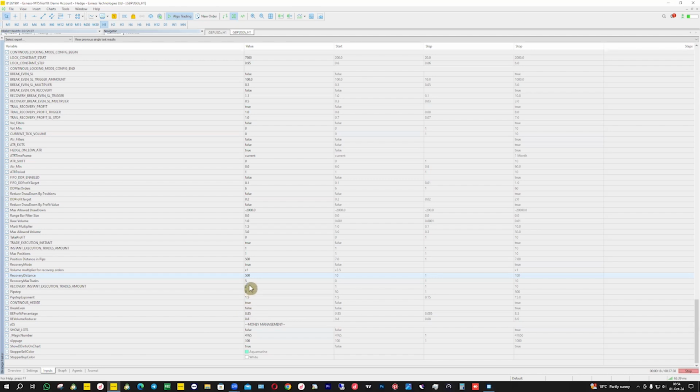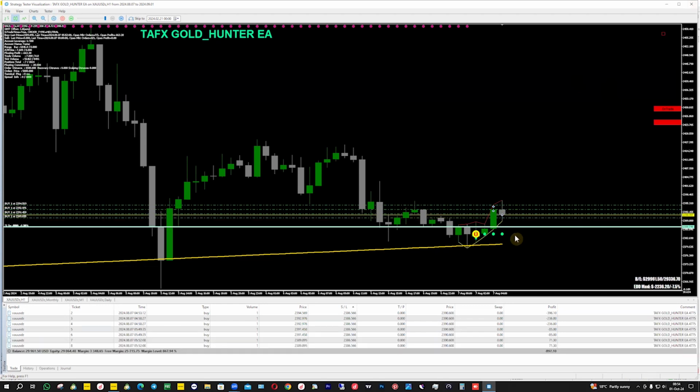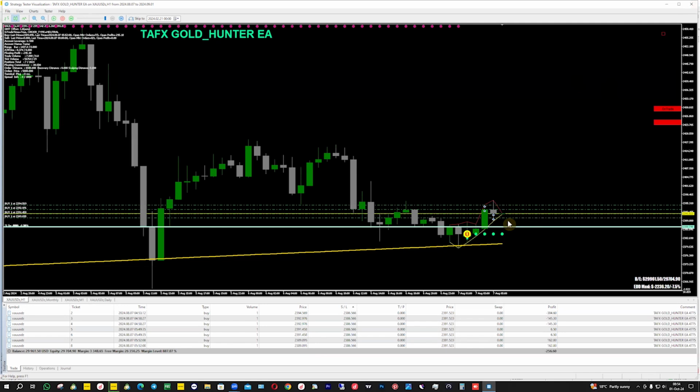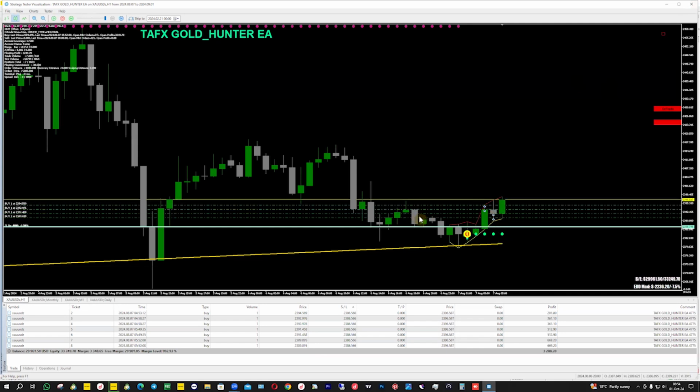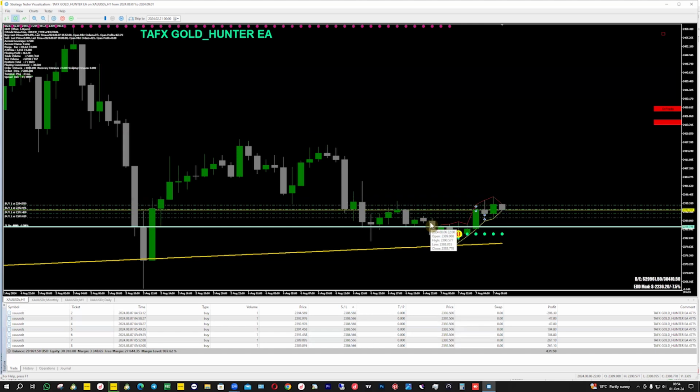So if we set 1 here, it will only add 1 position, all right? So after 500 points, when the market is going against you, it will add another 2 positions. And remember, you can see another 2 positions, all right? So when we set the right points, you'll be surprised.